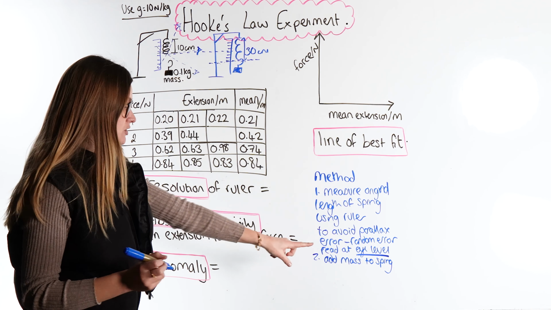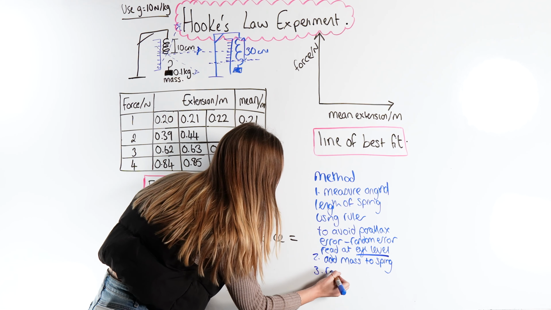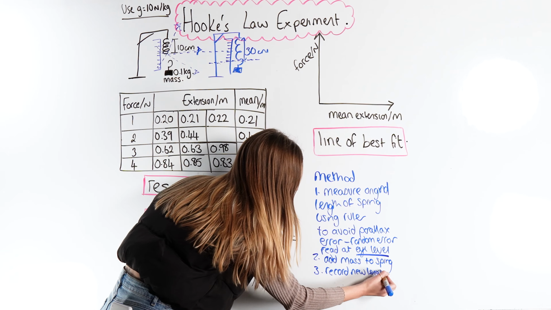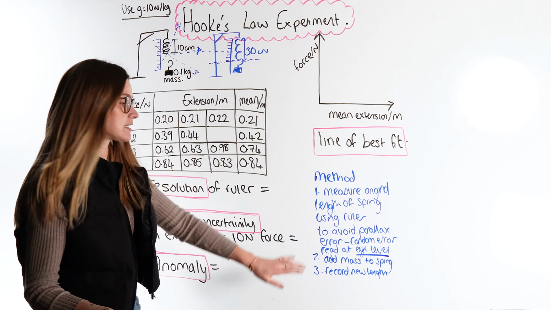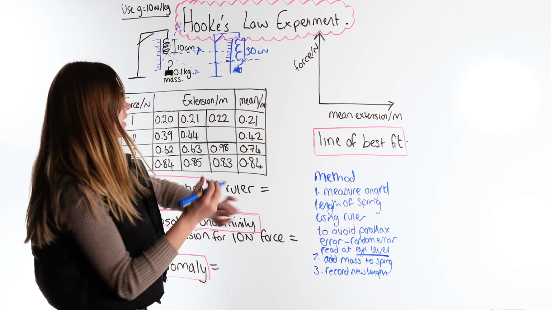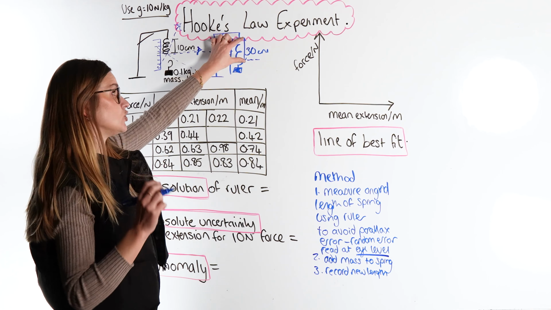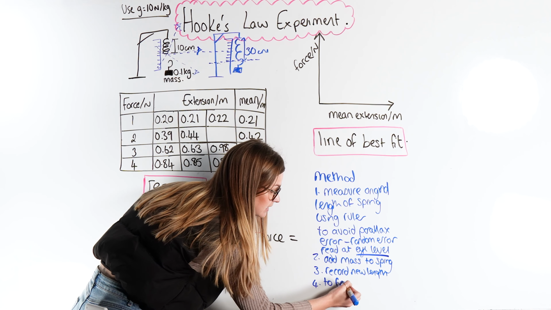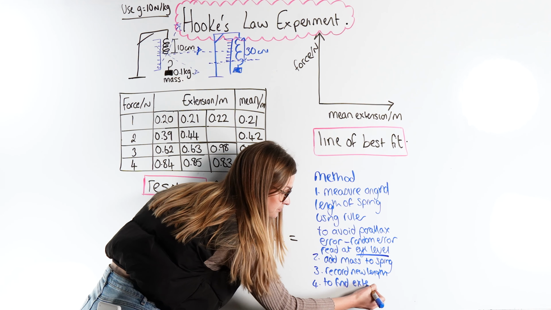So as we add the mass to the spring, we're going to record the new length. I don't need to say use a ruler again because I specified my ruler up here. So original was 10 and the new length is 30. Step 4 is to find the extension.